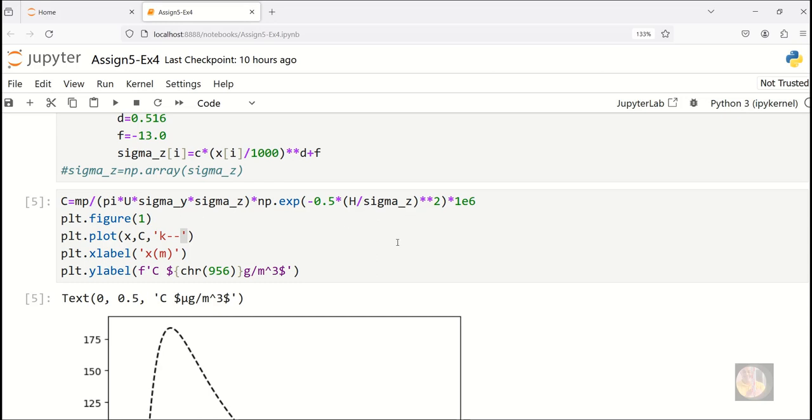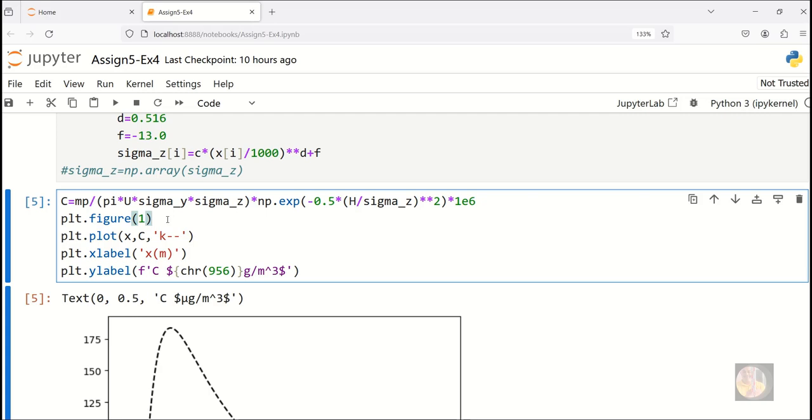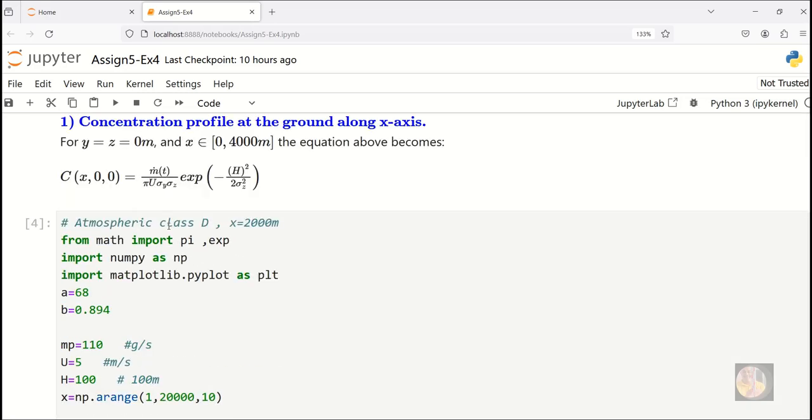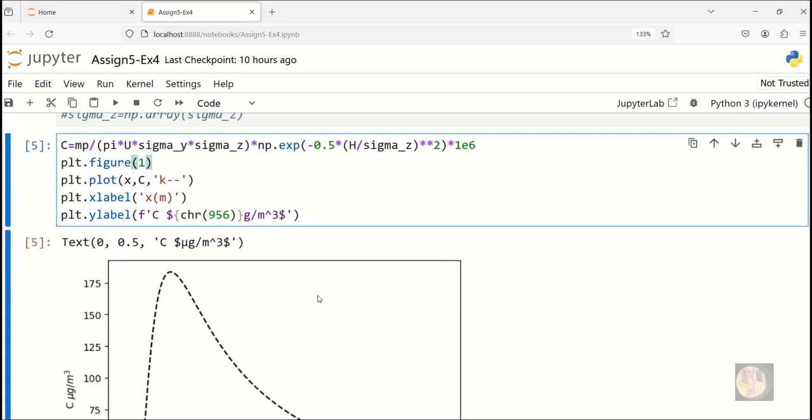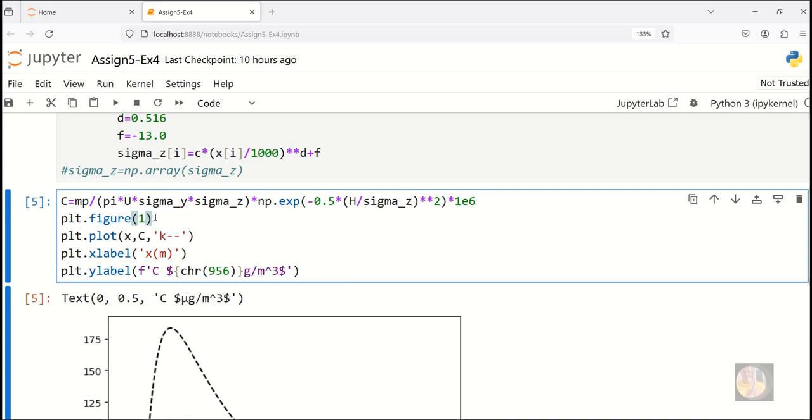I calculated the exponential. So I've already called the library matplotlib.pyplot as plt, just to draw my results. I define my figure as figure 1. This is not mandatory. But why do I use this?